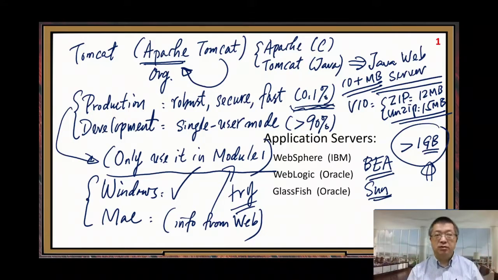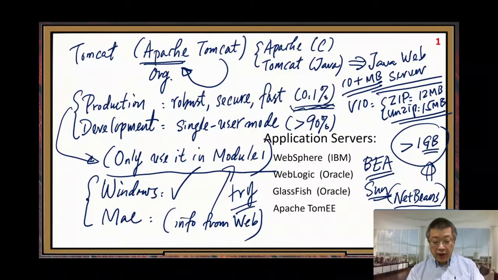So this Glassfish application server is usually inside NetBeans, another IDE called NetBeans. If you download NetBeans for Java EE, it contains the Glassfish application server. And there is Apache TomEE. Look at this one. It's not Tomcat, right? But you can see it is related to Tomcat.